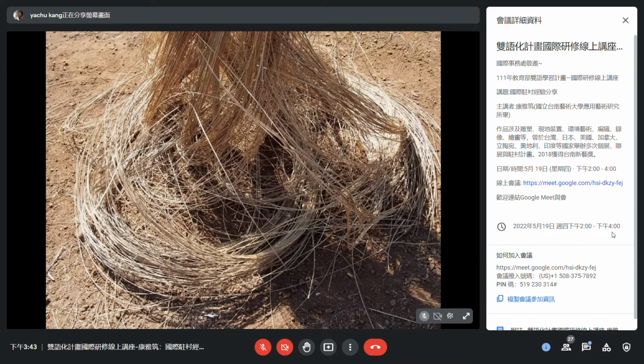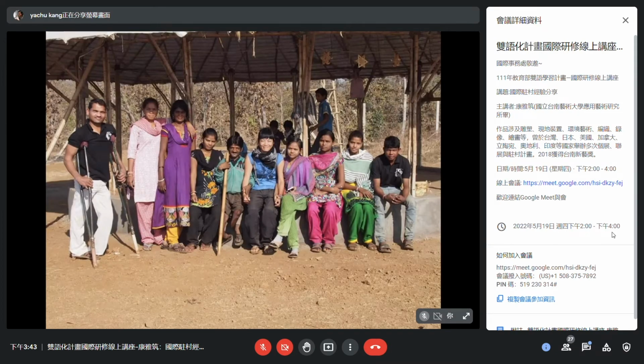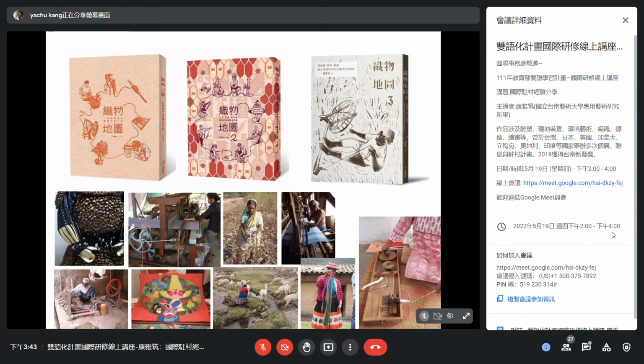This is the end before we were leaving the village. Yeah, so in the end, this is the final page of my presentation. If you'd like to know more about my residency experience, you can read this book.